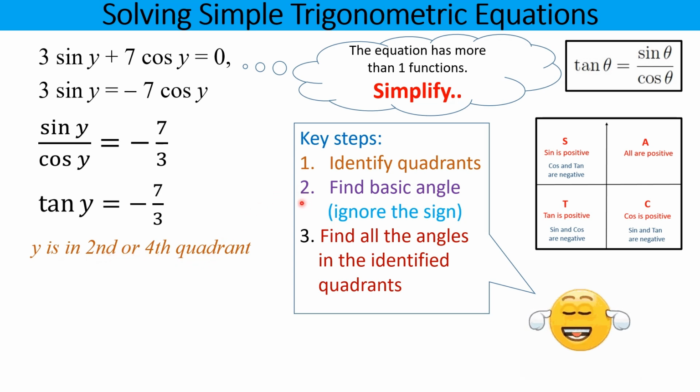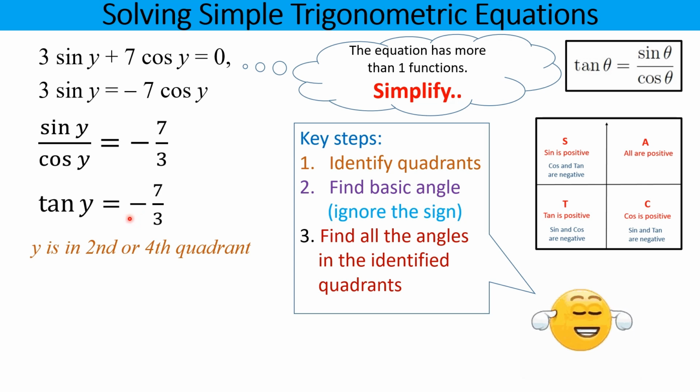Now, to find the basic angle, what I want to highlight is that we ignore the sign, because tangent is negative. Be very sure that you do not include the negative in the calculator, because otherwise the calculator will give you the principal value, which I hope to cover in one of my lessons, the difference between basic angle and principal value.